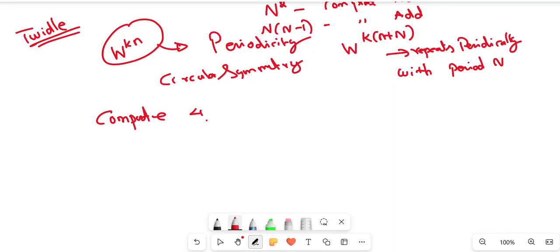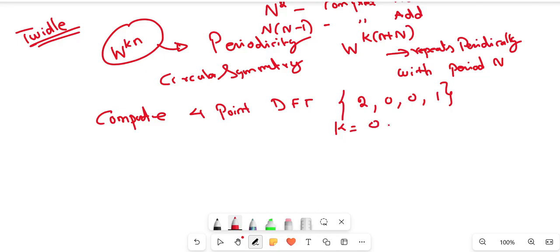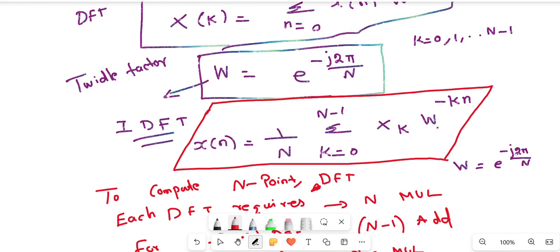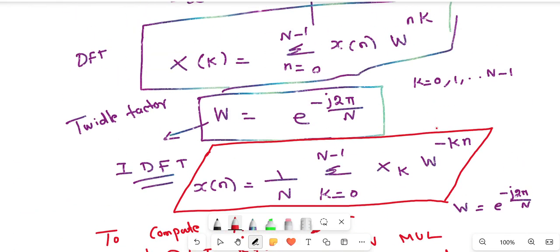I will compute a 4-point DFT, example: 2 0 0 1. Here k is 0, 1, 2, 3, so k runs from 0 to N minus 1.